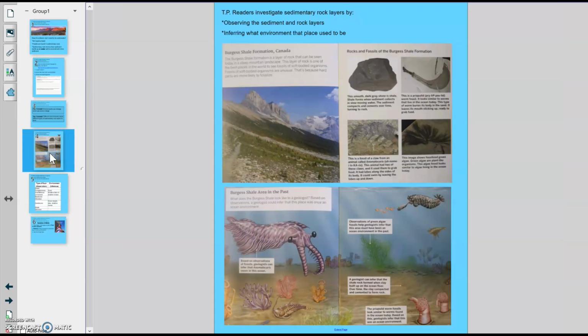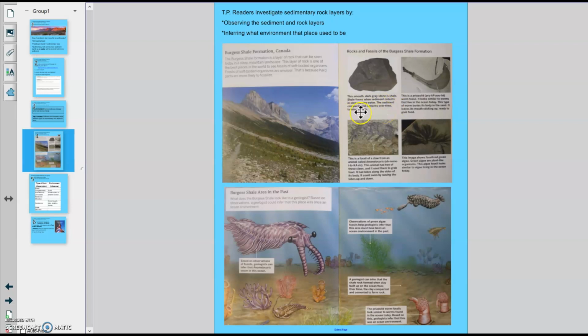Now, this is a book that you read in last week's lesson, but I just want to remind you of a few things, because remember, today we're observing the sediment and rock layers and inferring what environment that place used to be. Right now, this place in Canada is a mountain range, but because we found shale there, we can infer that this mountain range actually used to be underwater, because shale forms when sediment collects in slow-moving water.